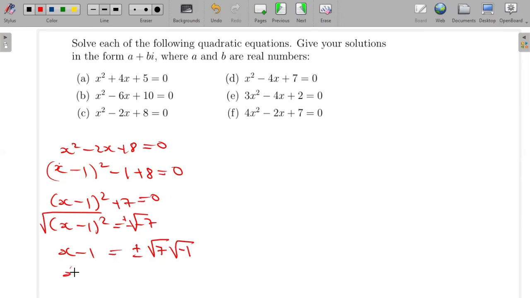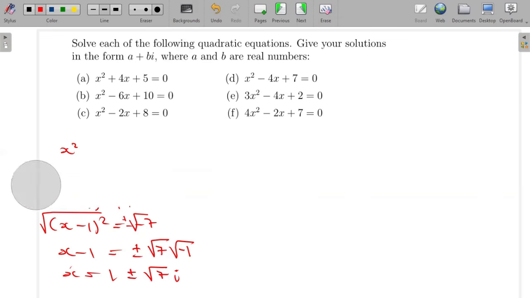And this will be x equal to 1 plus minus square root of 7 times the square root of negative 1, which I can write as i. So I get my values as x equal to 1 plus root 7i, or 1 minus root 7i. So that's what I get.